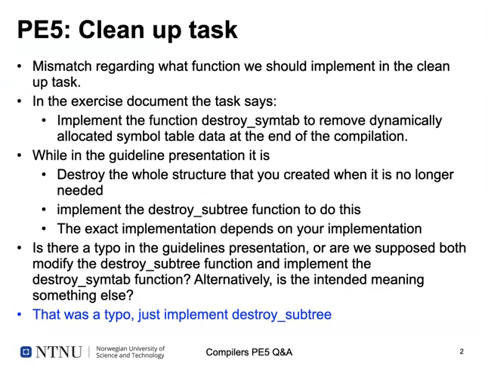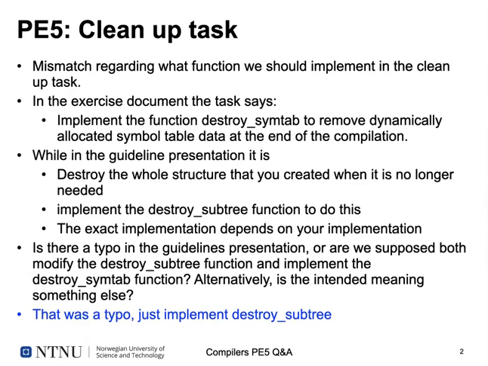And some of you found out that there was actually a mismatch regarding what function should be implemented in this cleanup task, because in the exercise document, we say implement the function destroy symtab to remove dynamically allocated symbol table data at the end of compilation. But in the guideline presentation, we say it's destroy subtree.